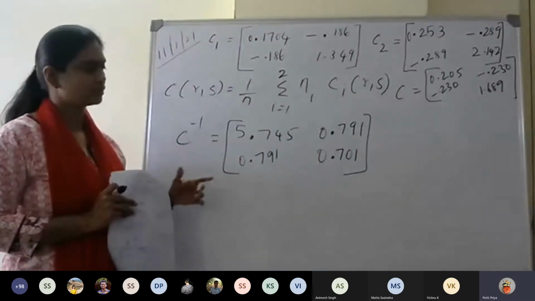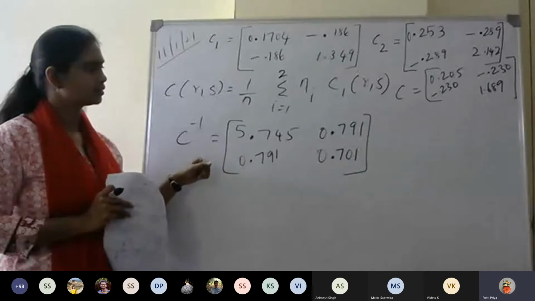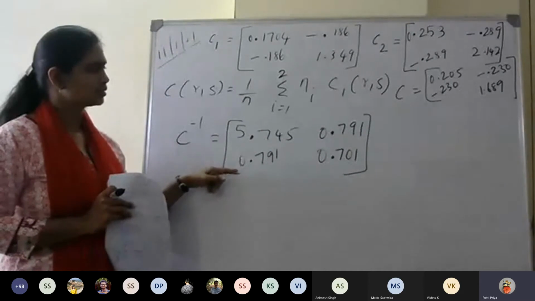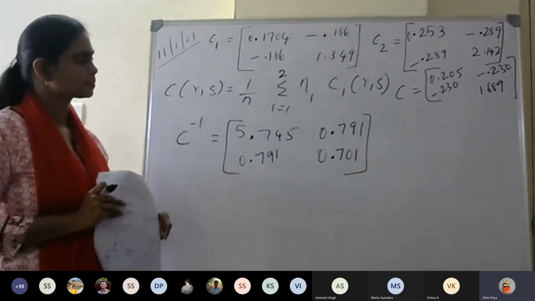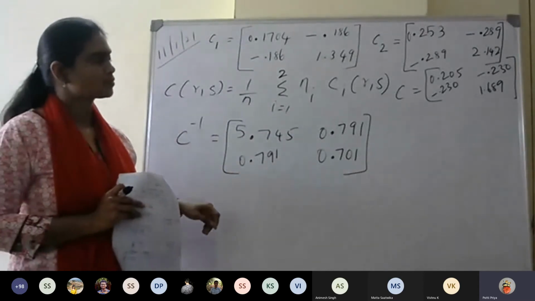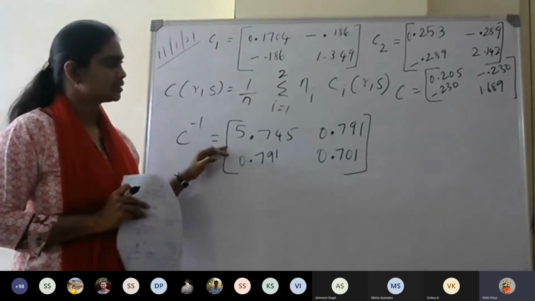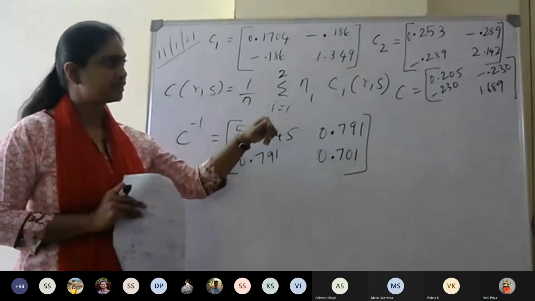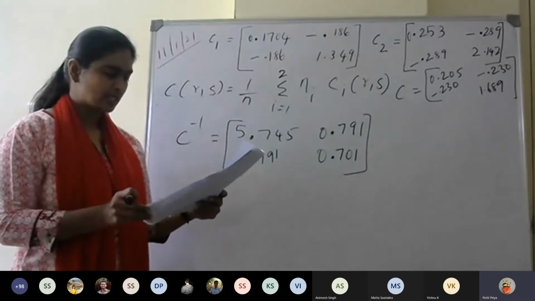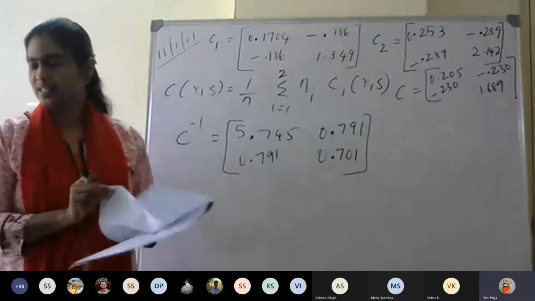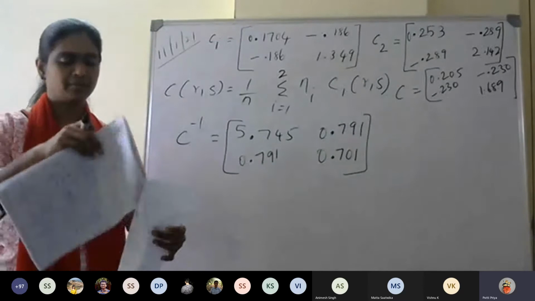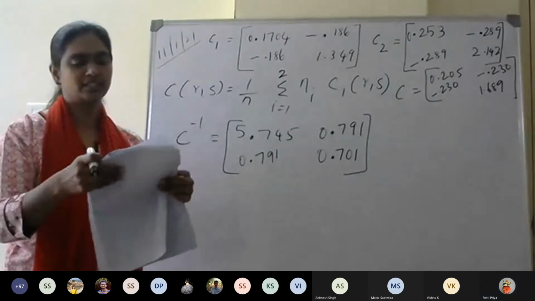Like a lot of variation is there. 0.5762 for the second entry, and then 0.5762 for the third entry, and then 0.5135. Okay. Because this is the value that I got when I did the C inverse. Maybe I will check it again. Yeah, maybe someone else also can check and tell.